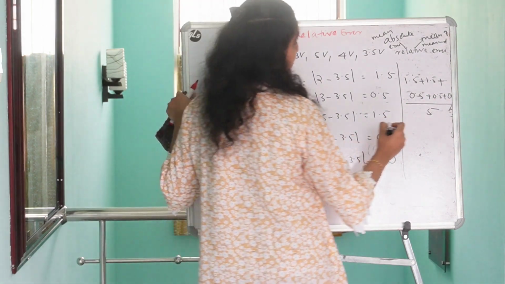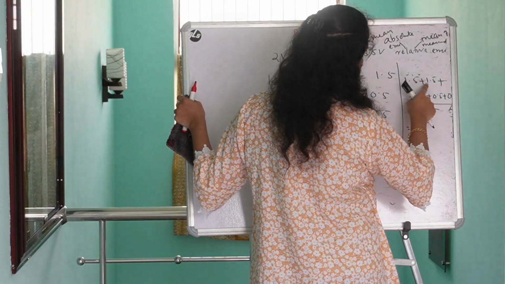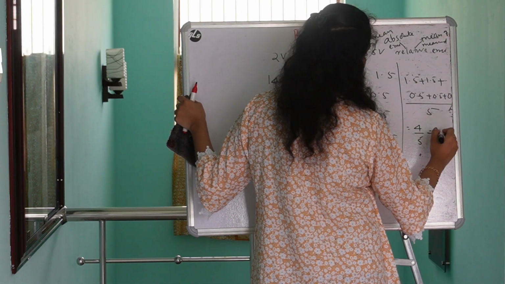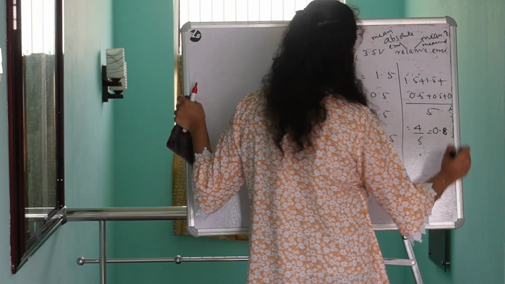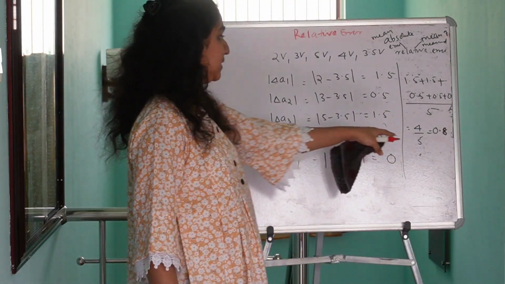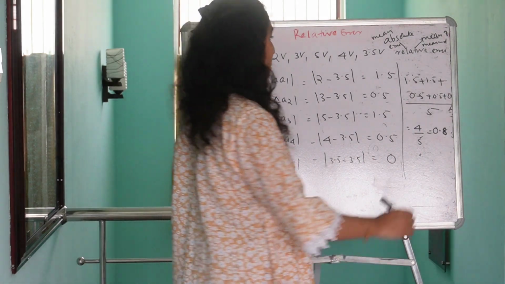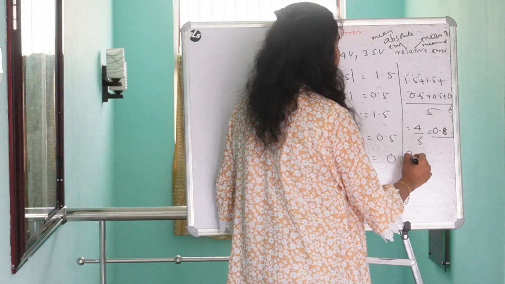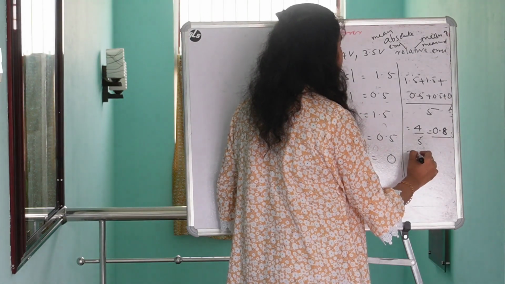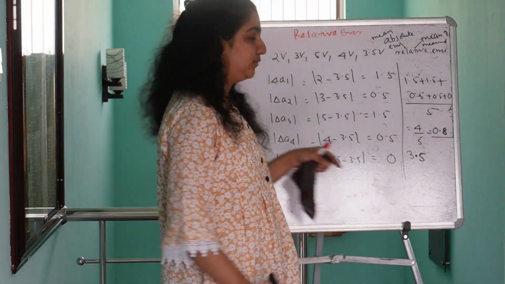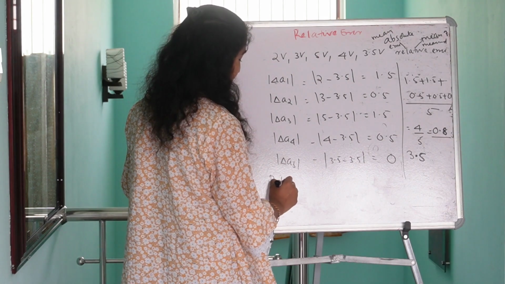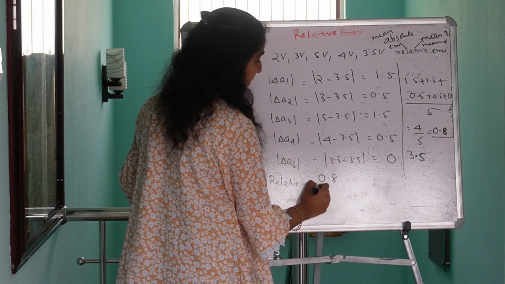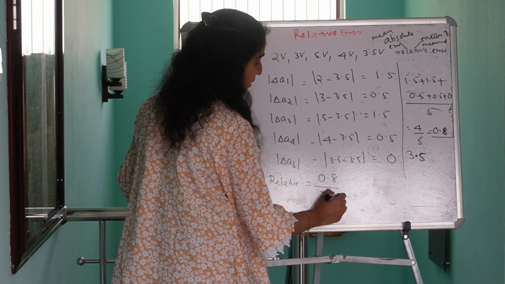Yes, that is equal to 0.8. Here the mean absolute error value is equal to 0.8, and I know the actual value, or the mean of the measured values, is 3.5. So what is relative error equal to? Relative error is equal to mean absolute error divided by 3.5.